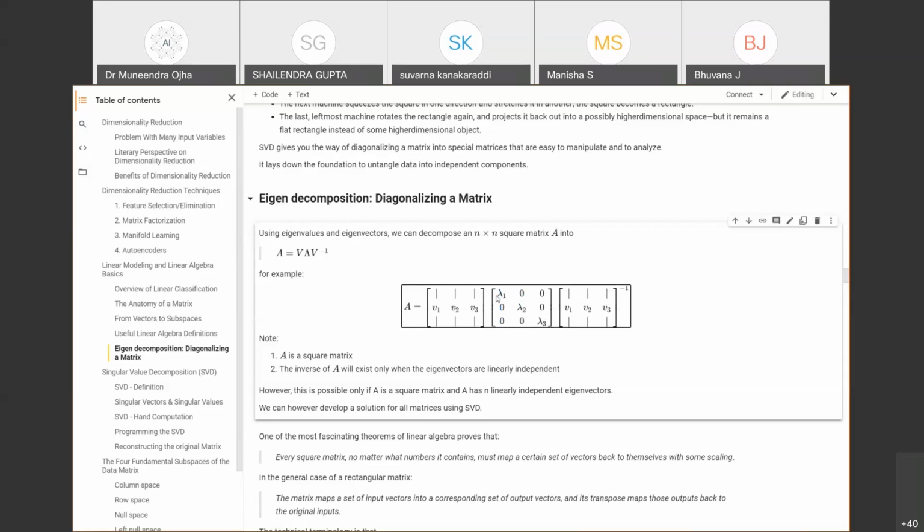So it is a diagonalized matrix, such that any value other than the diagonal is 0, and only the diagonal values are non-zero. These diagonal values are the eigenvalues, and the non-diagonal values are definitely zeros.